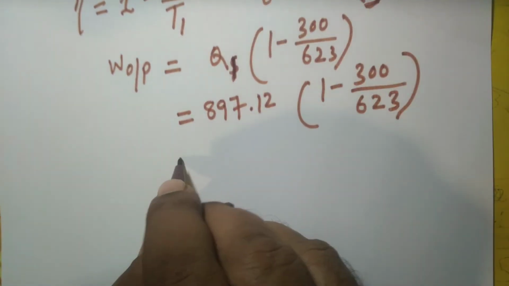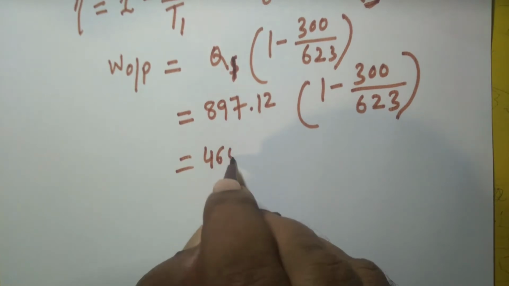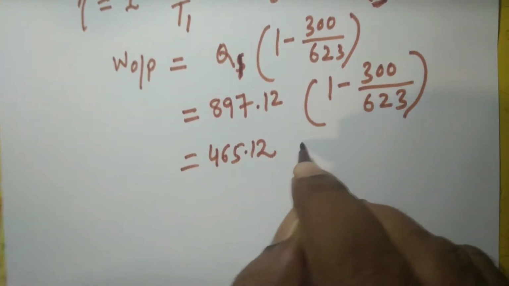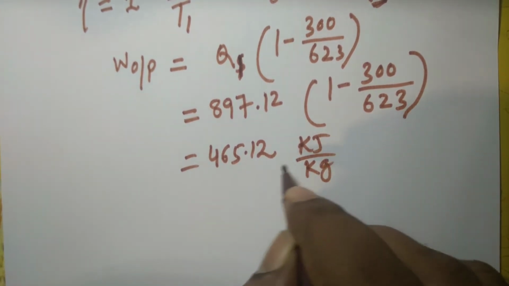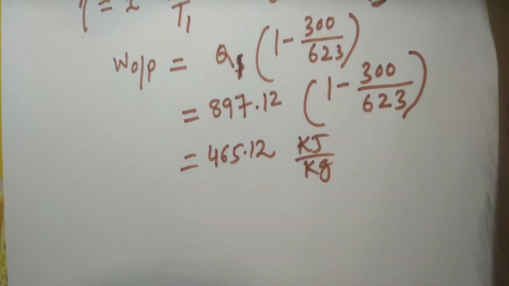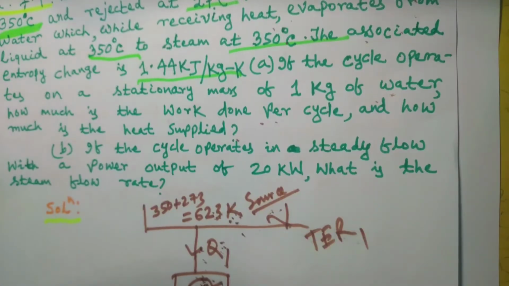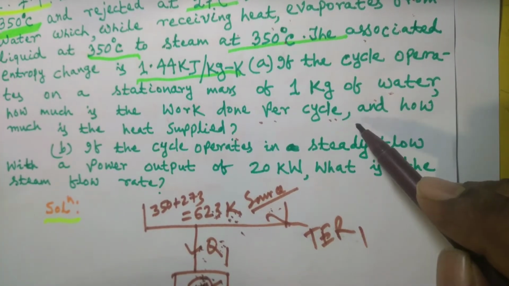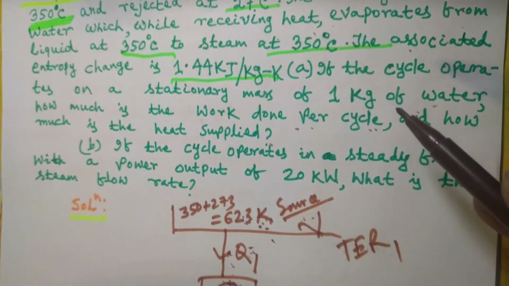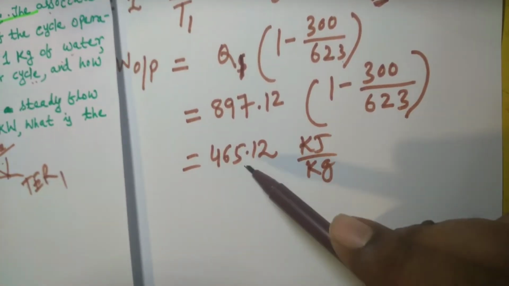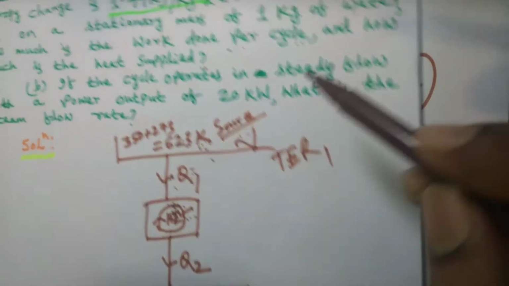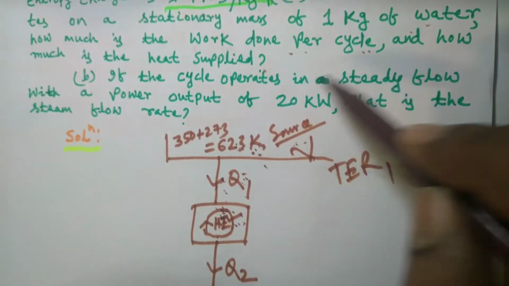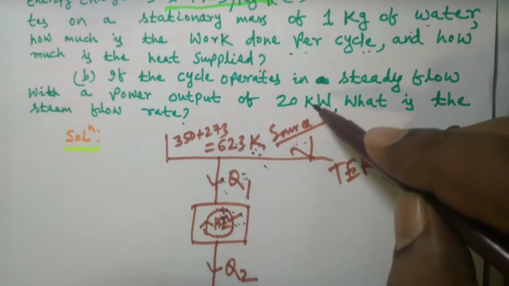This is coming out to be 465.12 kilojoule per kg. So this is the work produced, work output. This is the work done per cycle, that is 465.12 kilojoule per 1 kg of water.